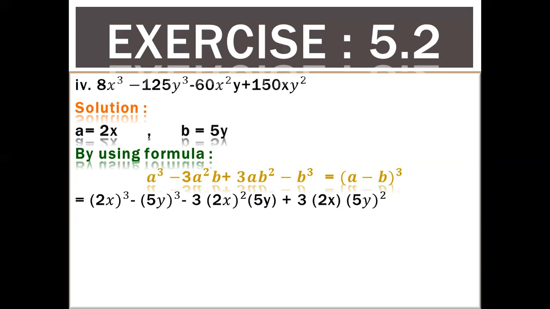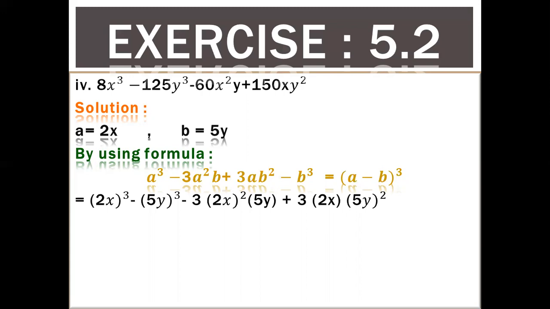Again, 8 is a cube of 2 and 125 is a cube of 5. Here, two negative signs are given. It means that we will apply here the negative formula, the minus formula. A cube minus 3a square b plus 3ab square minus b cube.